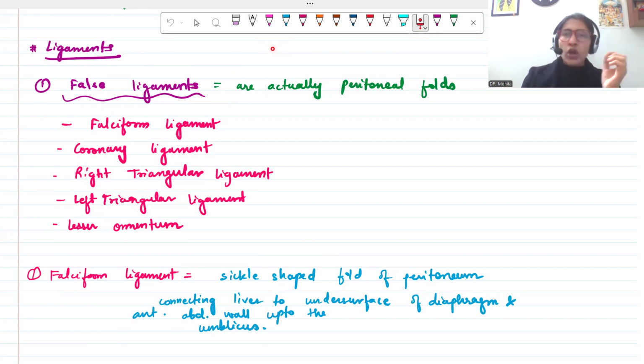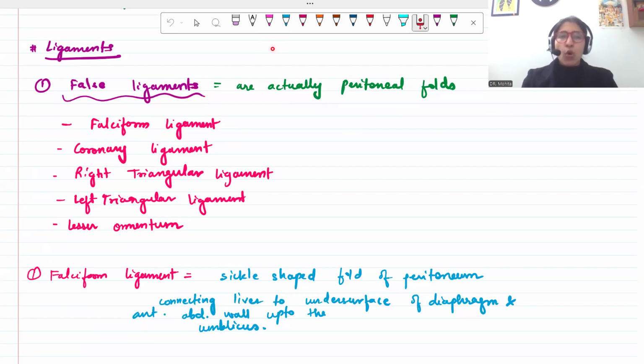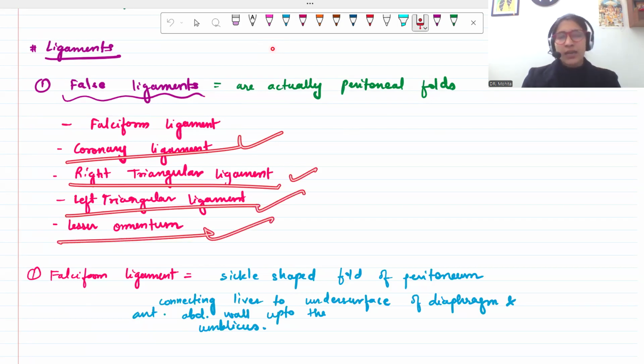False ligaments are not actual ligaments because they are actually peritoneal folds, formed by reflection of the peritoneum. The true ligaments are ligaments because they are the obliteration of some embryonic structure. So first we are talking about false ligaments, which are not ligaments, they are actually peritoneal folds, we just call them ligaments. They do work like ligaments. So first of all we have the falciform ligament, coronary ligament, right triangular ligament, left triangular ligament, and lesser omentum.